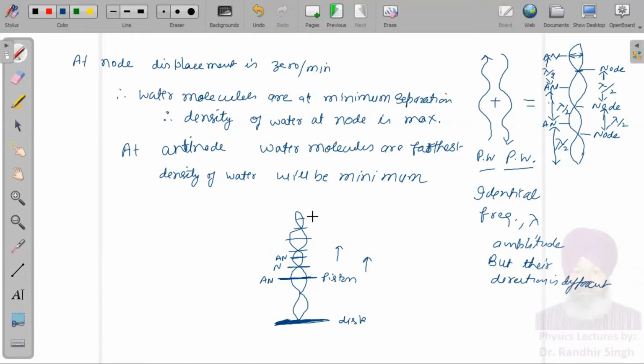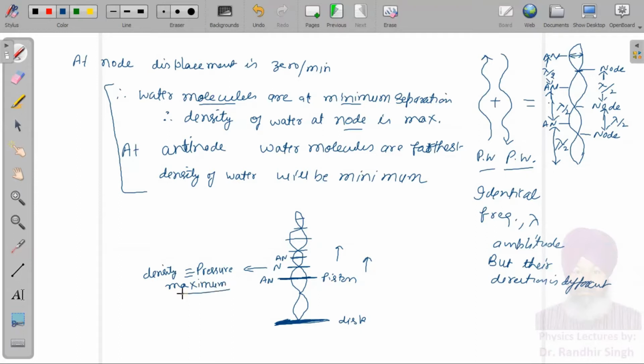Now look at what I have written here. Water molecules are at minimum separation at the node. So at node, because water molecules are closer, the pressure and the density of the water will be maximum.